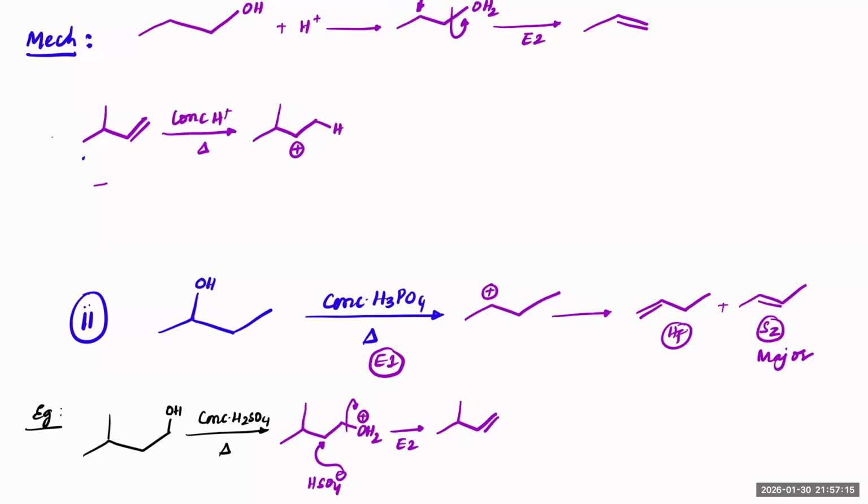This is following Markovnikov's rule, and you get a positive charge. Now this positive charge can further undergo rearrangement to get the positive charge on the tertiary position. And once you get the tertiary position, then you will make a double bond on this position.